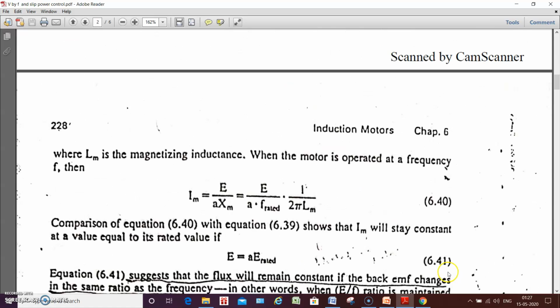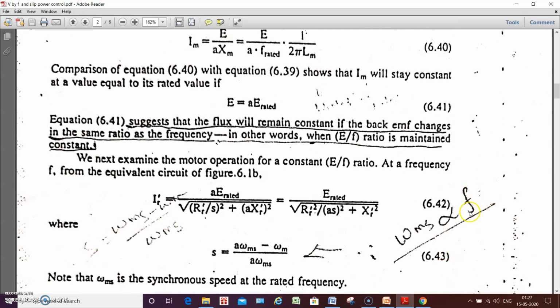If F is varied with the ratio A, you have to vary the voltage also with the same ratio A. Then automatically these two parameters will vary. This X and omega ms will automatically vary with the same ratio.